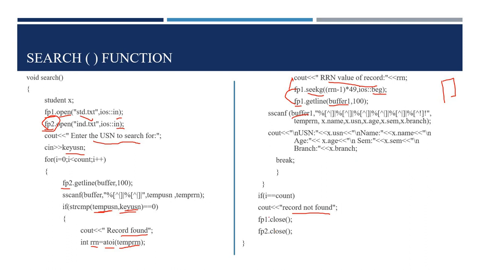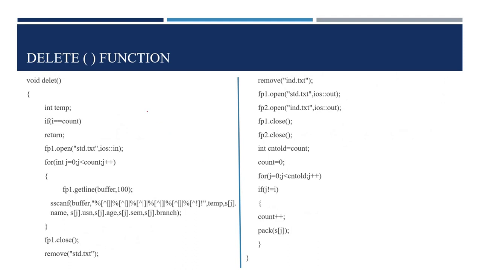In the same way, if the user wants to delete any record, it is done by reading the index value of the particular USN, and the record in the file will be deleted by considering the count, reading the text file in input mode, and checking the value.